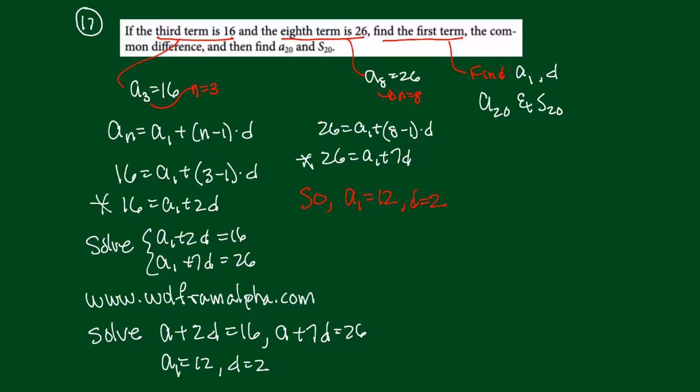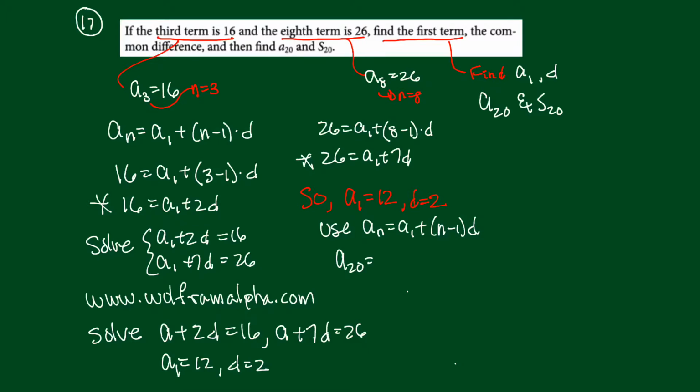Now I can use this formula right here to get any term that I want. In particular, we can get the 20th term. So I'm going to use a sub n is equal to a1 plus n minus 1 times d. Here n is 20, so I want a sub 20.